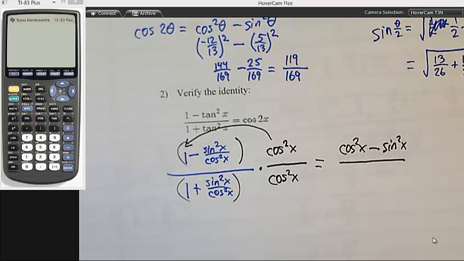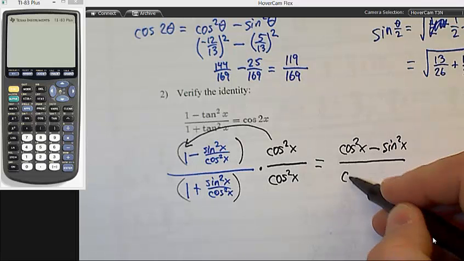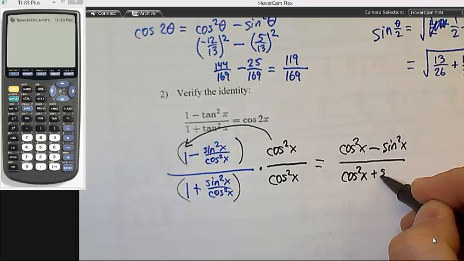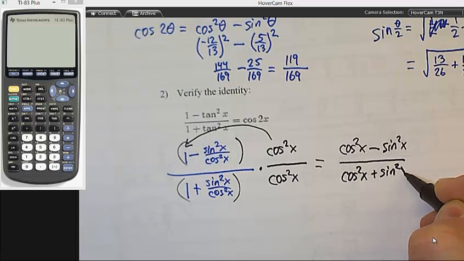Does that make sense? Okay. And then what am I going to get on the bottom? Cosine squared x plus sine squared x. Okay. Do either of those ring a bell? The bottom one equals 1. Right?